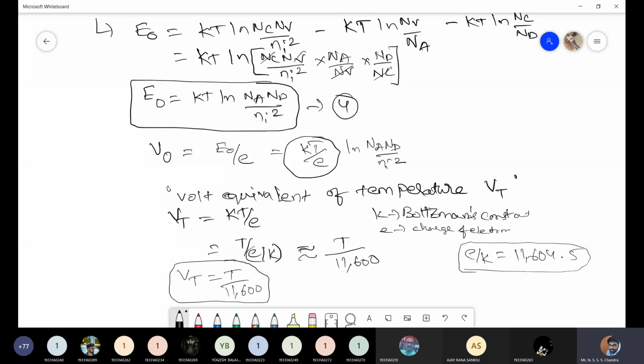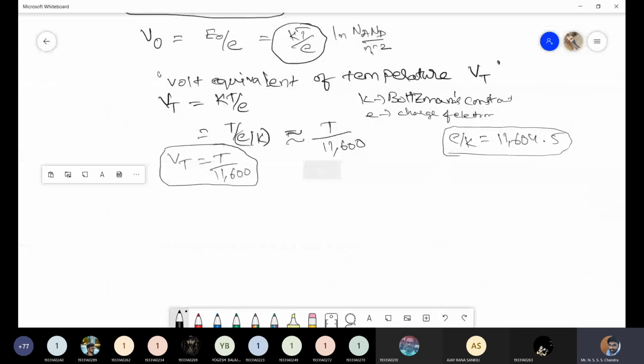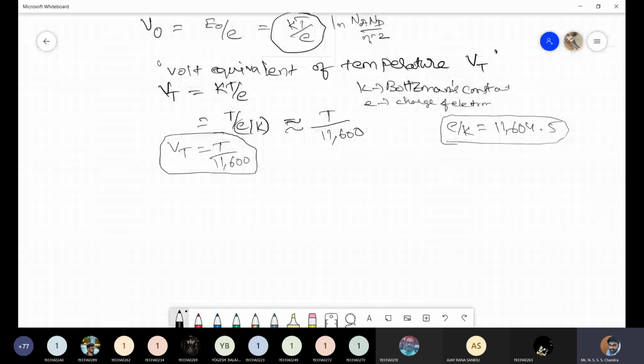Because he will not give the value; instead he will be giving you the temperature value only. So he will mention the room temperature, which is 27 degrees. You should add 27 plus 273. That makes 300 Kelvin. You should divide 300 Kelvin by 11,600.